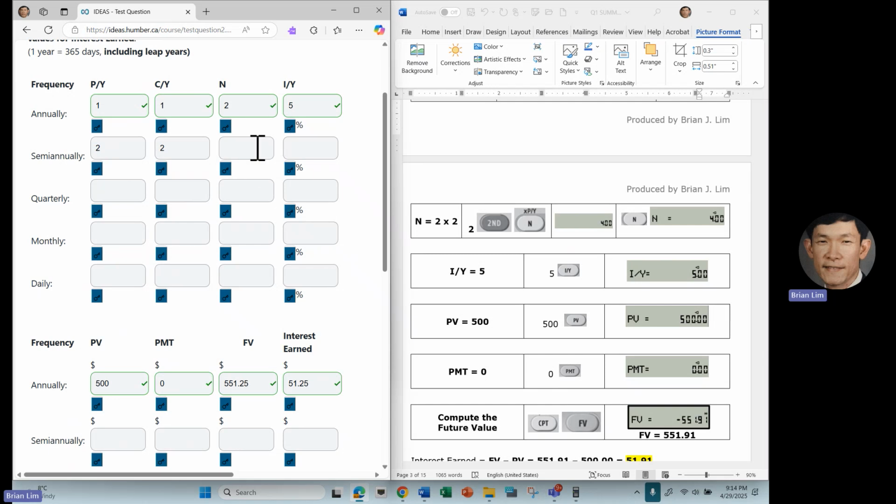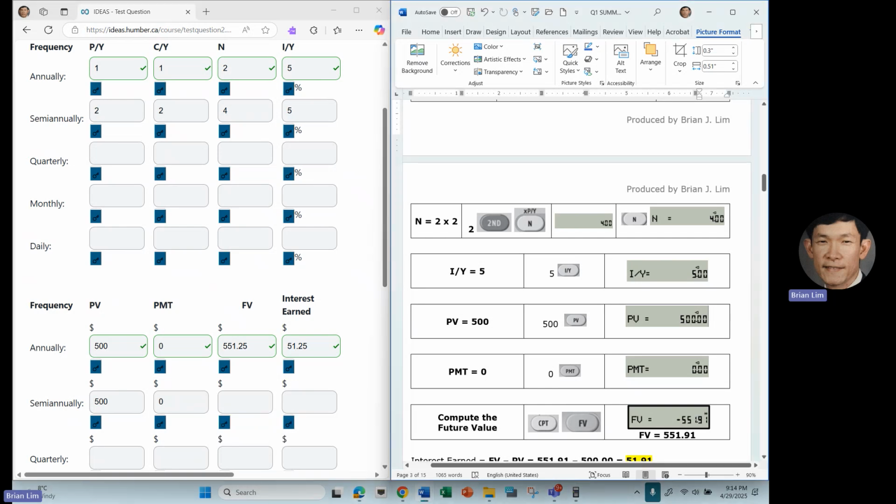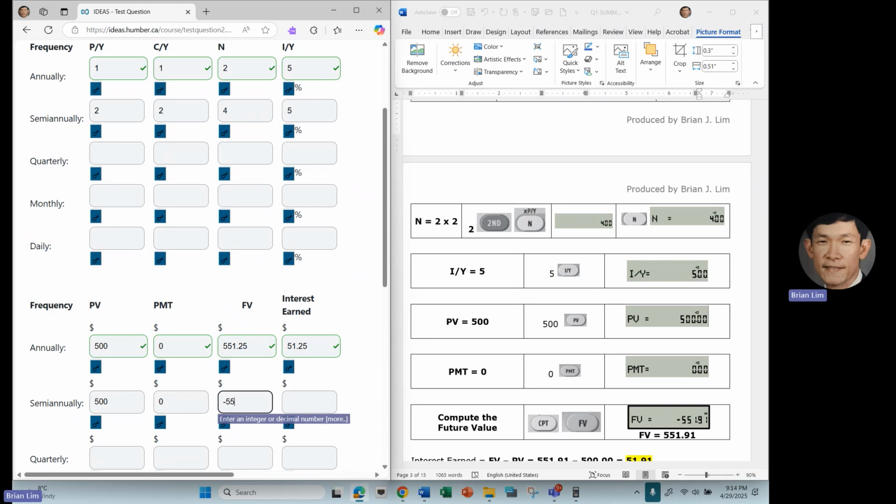So if I fill in these boxes, N is 4, correct? Right there, N is 4, I/Y is 5, it's still 5. The present value is 500. The payment is 0. We're just following these numbers right here. And then down here, if you wish, you could put the negative number in. Let's put in the negative just to demonstrate that it will mark it correct.